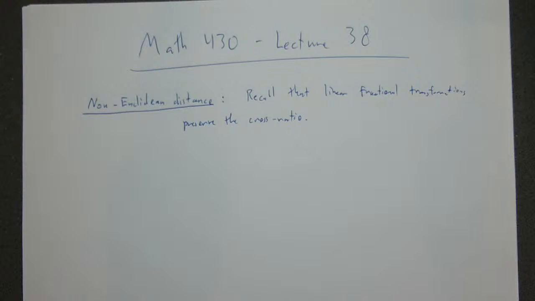So linear fractional transformations preserved the things you cared about in projective geometry, which was basically the straightness of lines, collinearity. That's what was preserved by these fractional linear transformations. And so my question is, what do Möbius transformations preserve?